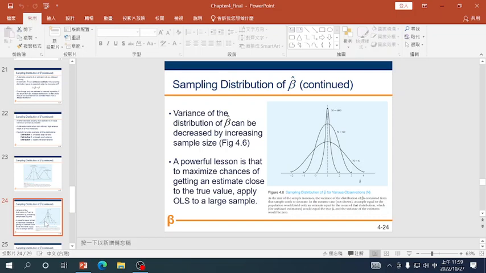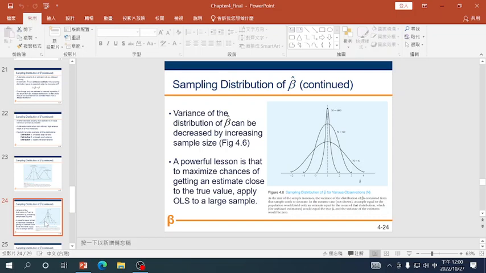So which one do you like? 600? Yes, of course, we need the one with the smaller variance. This diagram shows us that in the real world, if we do this research, we need to collect as much data as we can.